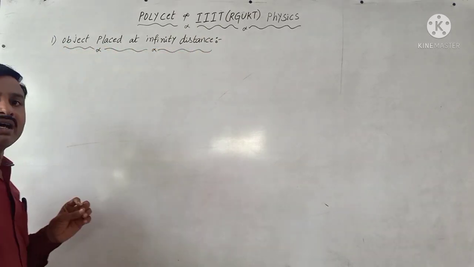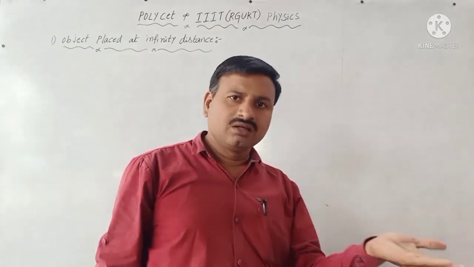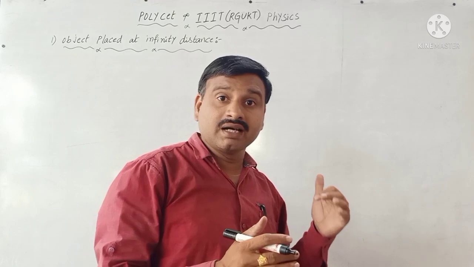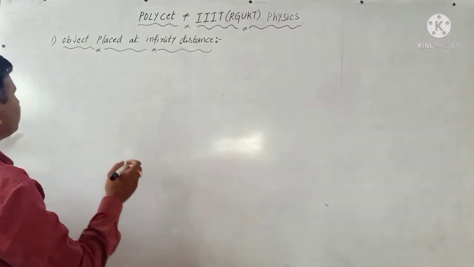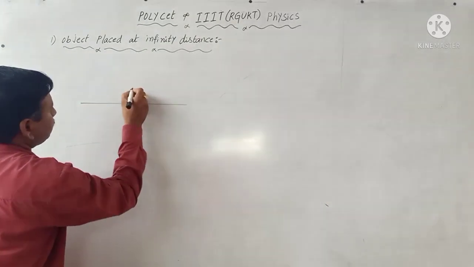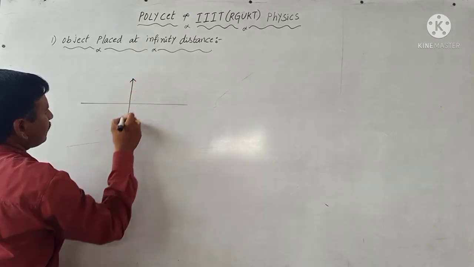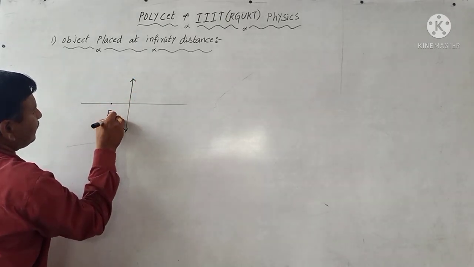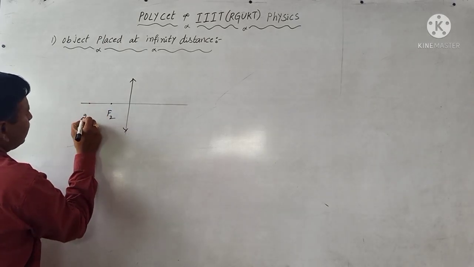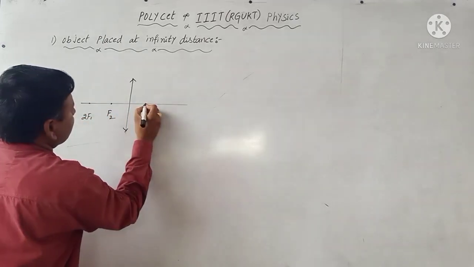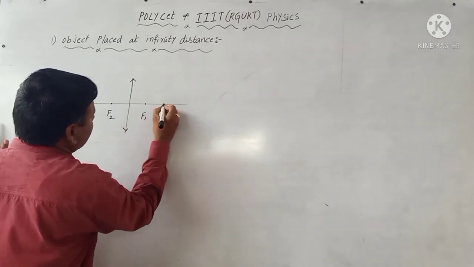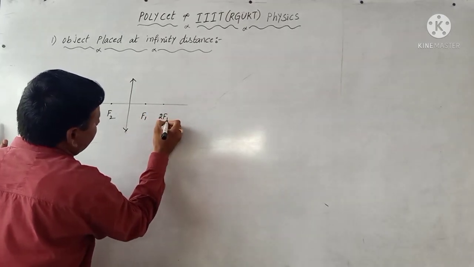First we draw the convex lens, after that the concave lens. In ray diagrams, generally we first draw the convex lens. So first of all, it is the convex lens. This side we write focus, and every lens has two focus and two radii of curvature. So it is F1 and 2F1.